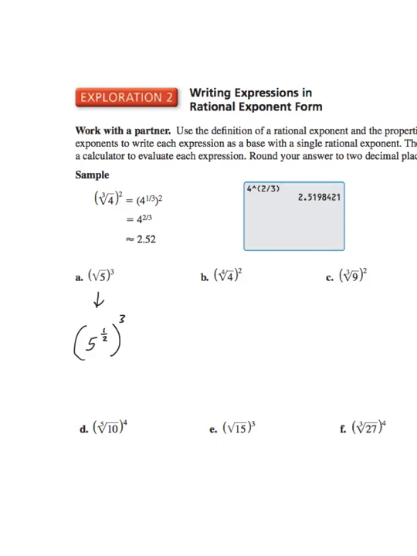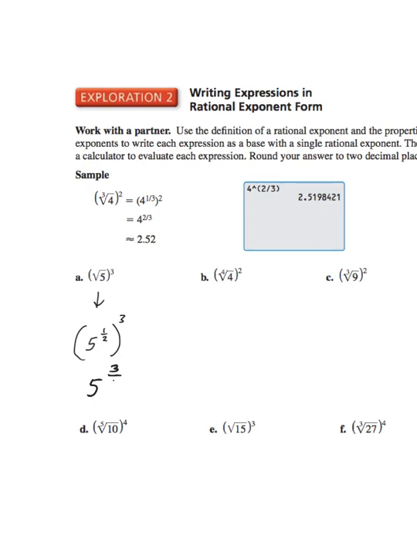Is everyone seeing that? So let's go back. I can rewrite the square root of 5 as 5 to the 1/2, right? Now, when I have an exponent to an exponent, what do I do to the 1/2 and the 3? I multiply: 3 times 1/2 is 3/2, right?